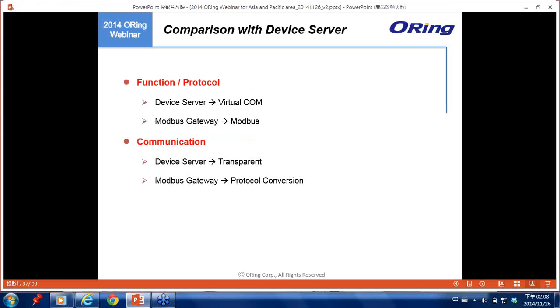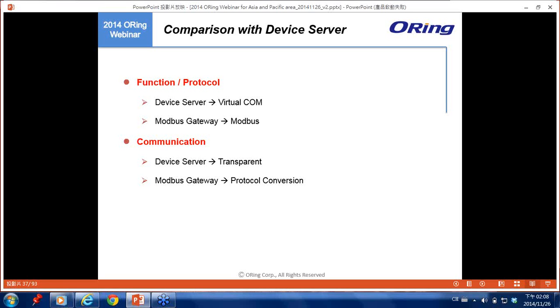And here is a little comparison between the Modbus gateway and the device server, which some of you might be confused about. The device server runs a protocol called the Virtual protocol, and the Modbus gateway, of course, runs the Modbus protocol. In the communication section, the device server is transparent.